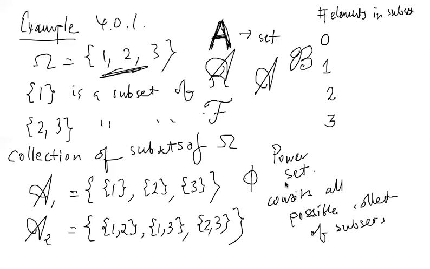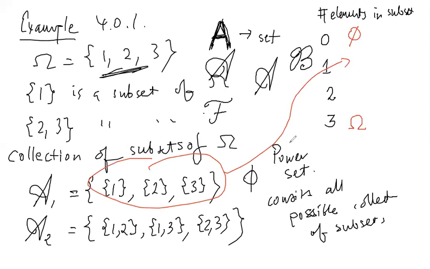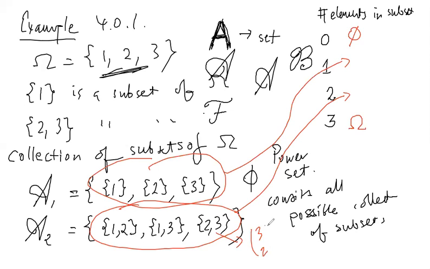The no-element case corresponds to your empty set, and if you take all elements, it's just your omega. For 2 elements, these are all here. How many combinations are there? This will be 3 choose 2, and this is 3 choose 1.